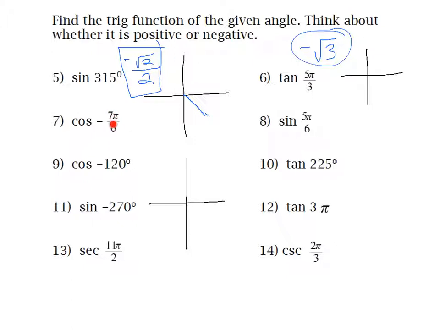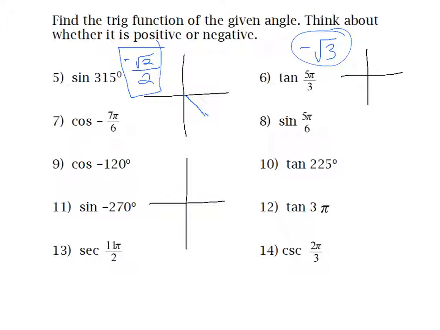Negative 7 pi over 6. Well, I could count it, bump, bump, bump, bump, bump, bump, but remember, here's 6/6. So 7/6 is just one more. It's right here. But the kicker is that it's a negative. Rather than going this way, I have to back up that much. So I'm going to back up to 6/6, and negative 7/6 is actually this first one right here.